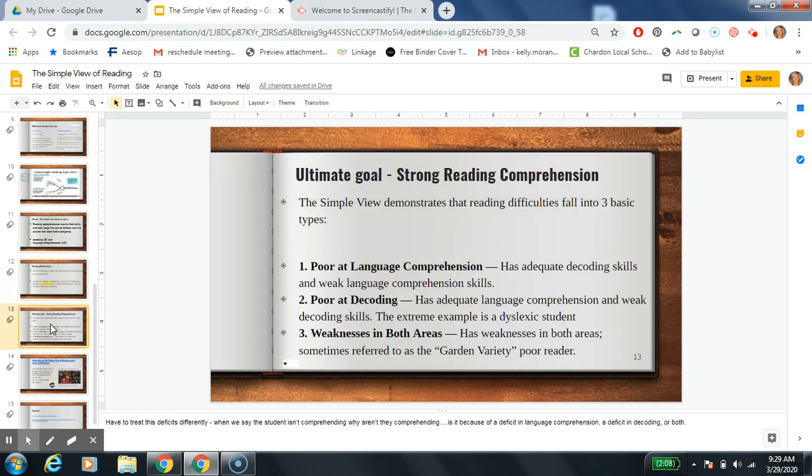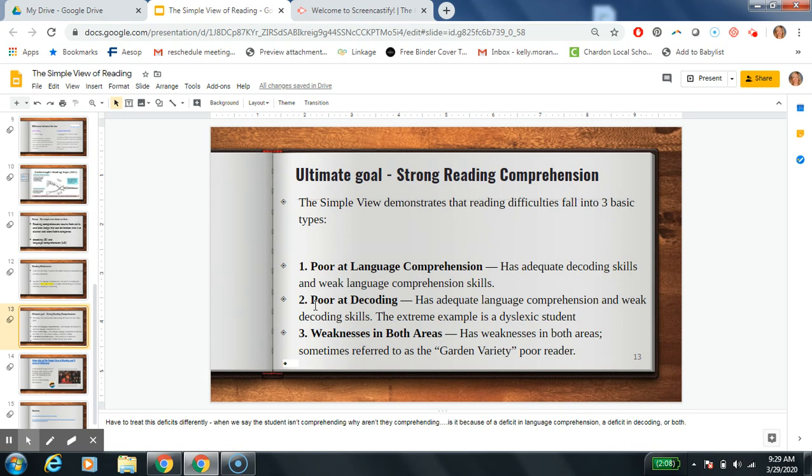So the ultimate goal is strong reading comprehension, of course, and the simple view demonstrates that reading difficulties fall into three basic different types listed here before you. The first would be poor language comprehension. So this would be a student who has adequate decoding skills but has weak language comprehension.